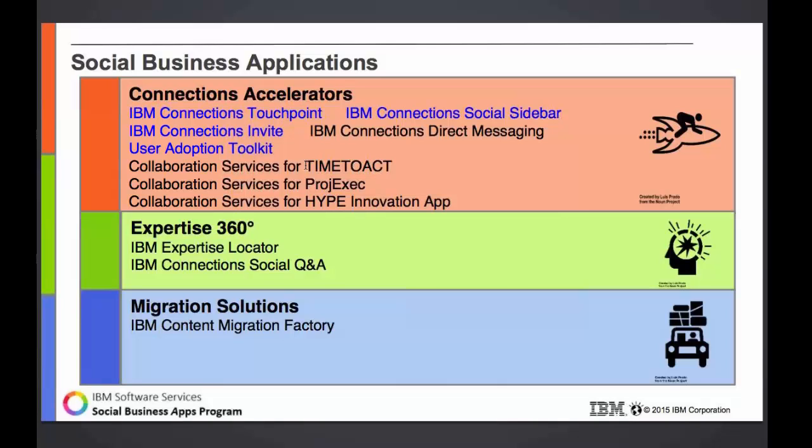Thank you. Awesome. But I'm going to leave you with a little mnemonic. I don't have them on the screen in the right order, but if you think Social Sidebar starts with S, User Adoption Toolkit starts with U, Invite starts with I, and Touchpoint starts with T, that spells S-U-I-T.